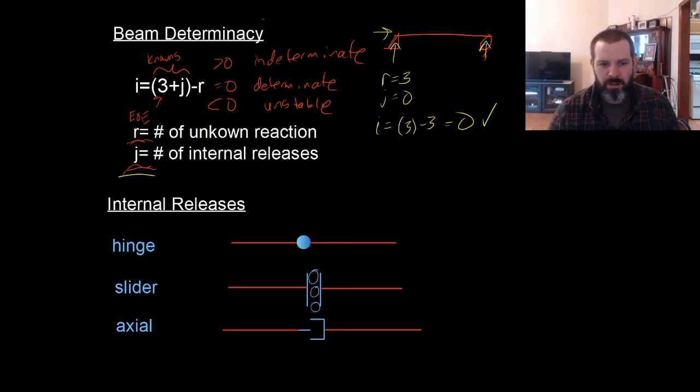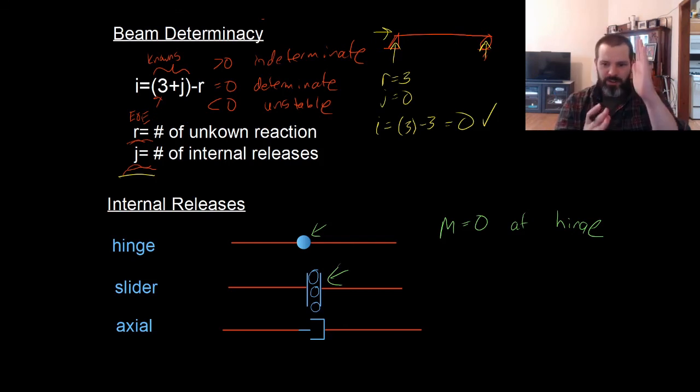Now, as I said, when we have a hinge, we know that moment equals 0 at the hinge. When we have a slider, the slider can resist moment, but the wheels go past one another. So we know that the shear equals 0 at the slider.